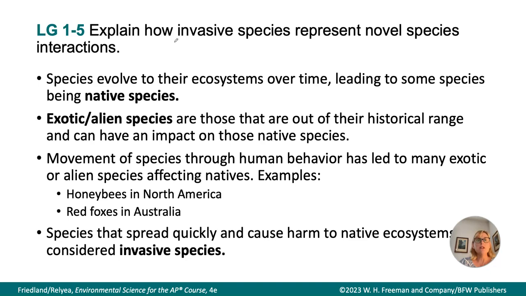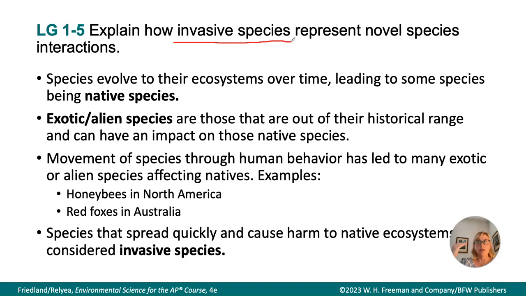Okay, so now let's have a little introduction to invasive species that we will get back to at another point. But if you evolve in a place and you've been there a really long time in an ecosystem and you've evolved and you have normal interactions of predator and prey, you are said to be a native species.